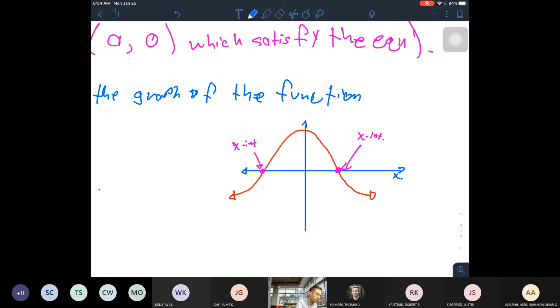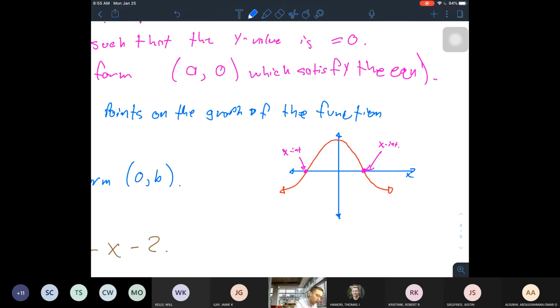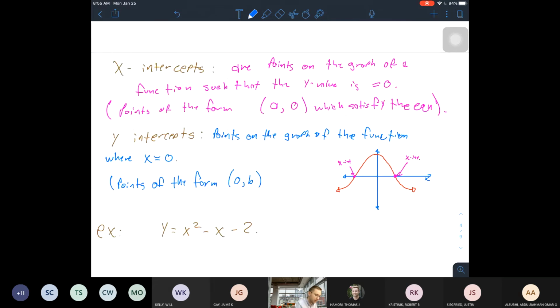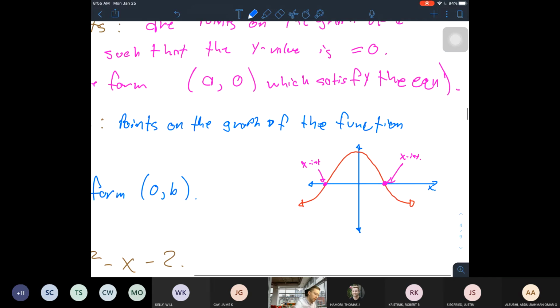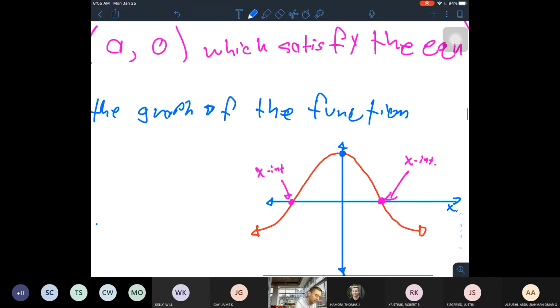Another term people use for this is horizontal intercepts. They're intercepts which intersect the horizontal axis. So we call them by the name of the axis which they cross when they occur. And then our y-intercept is just going to be where we intercept the y-axis.